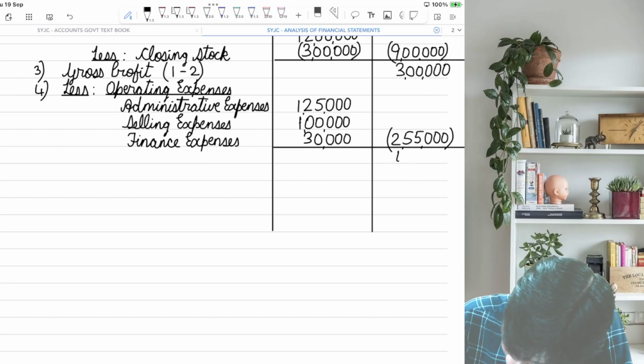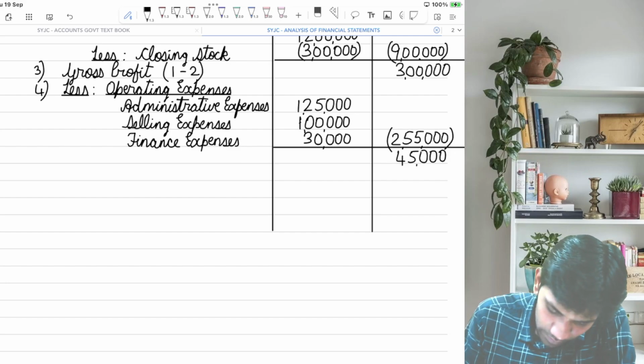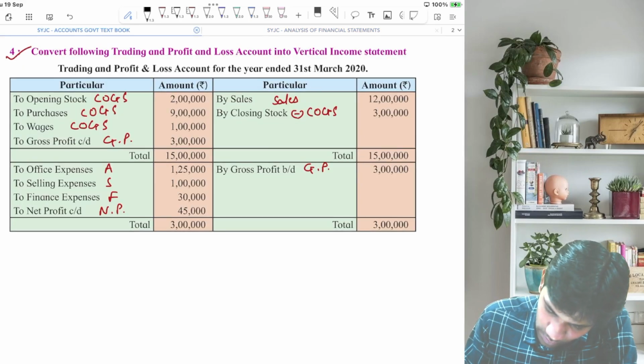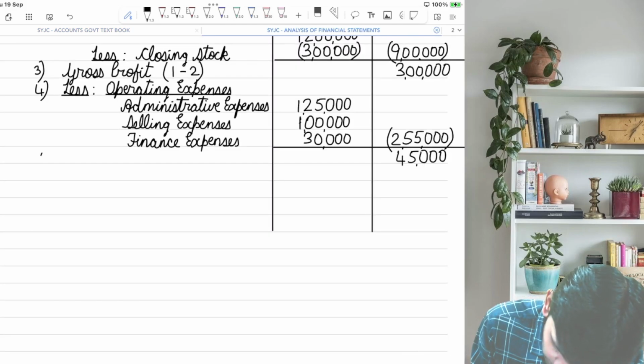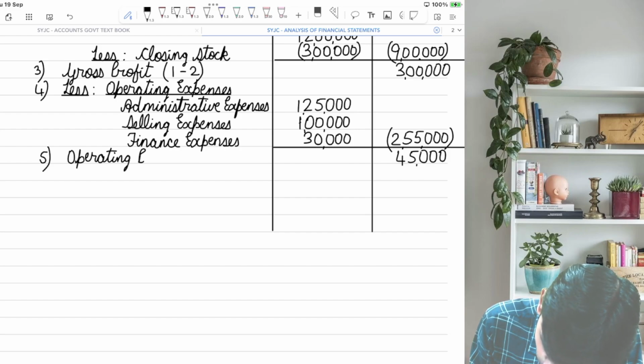And I think 45,000 is my operating profit. So number 5 will be my operating profit, or you can say net profit, because we don't have non-operating items.